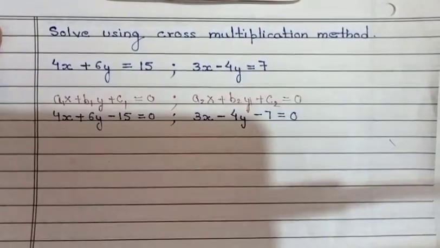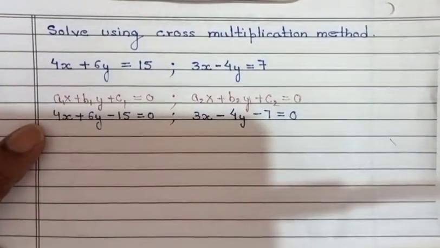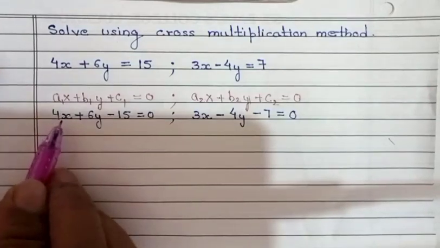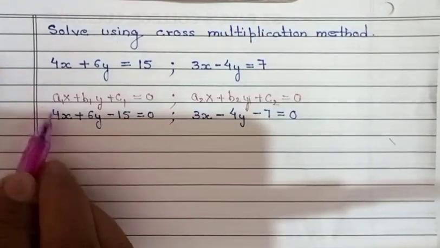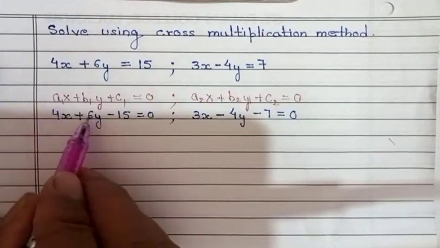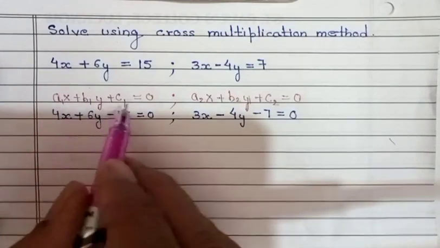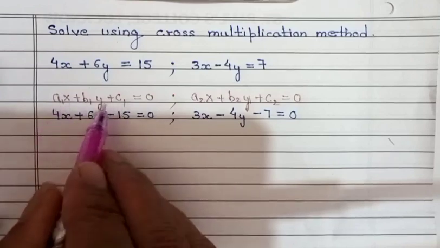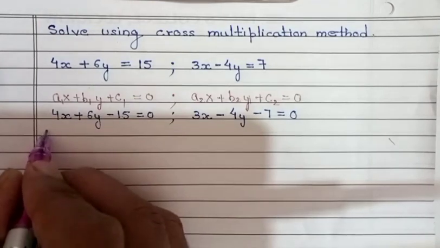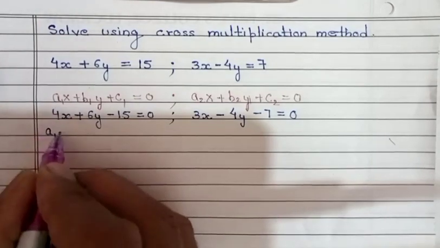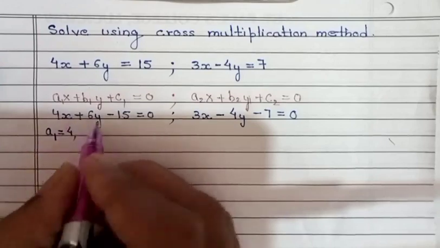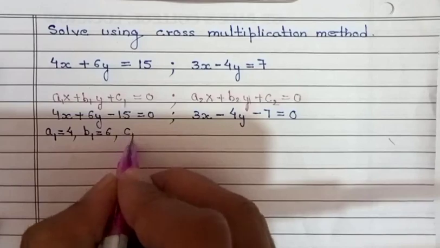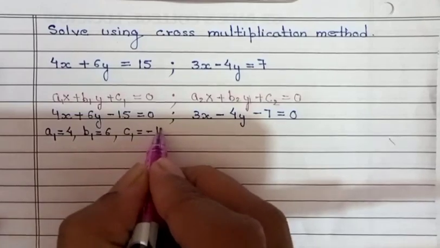So we have done the first step, that we have written the two equations in this form. Now if we compare these two equations, coefficient of x will be known as a1, coefficient of y will be known as b1, and the constant will be known as c1. So from the first equation, we are getting a1 as 4, b1 as 6 and c1 as minus 15.